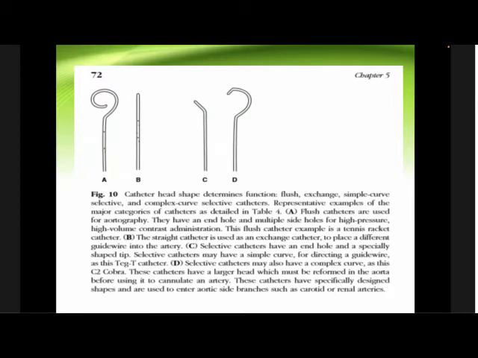And the last two: one is the selective catheter with a simple curve, and the last one is a complex selective catheter with a complex curve. These catheters are designed for specific cannulation of the aorta and its side branches.